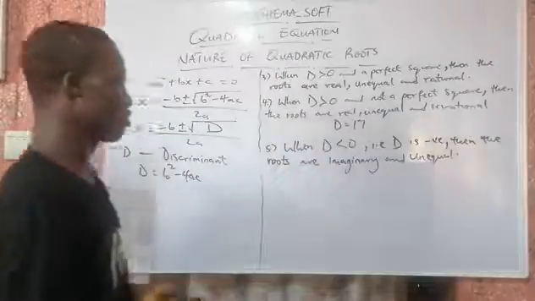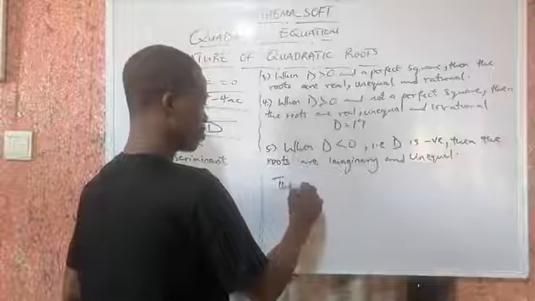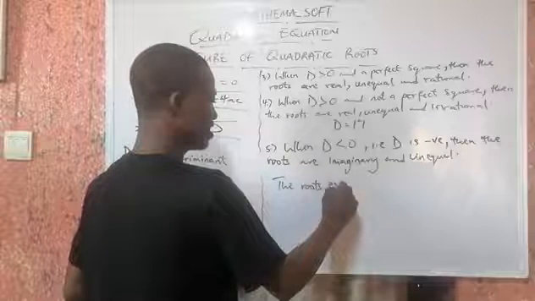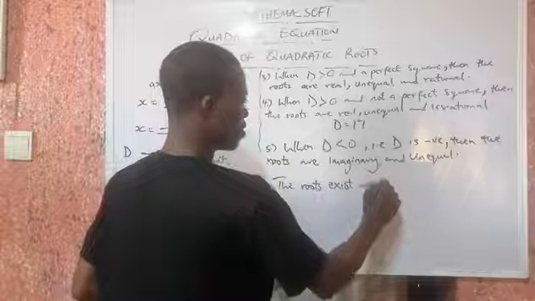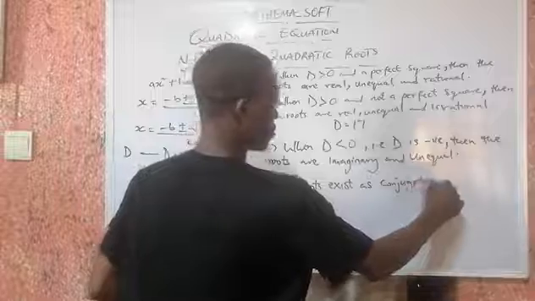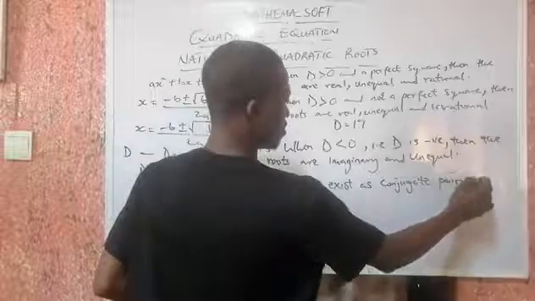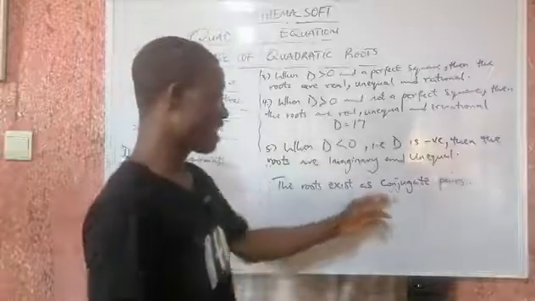So in this situation, we say that the roots exist as conjugate pairs.